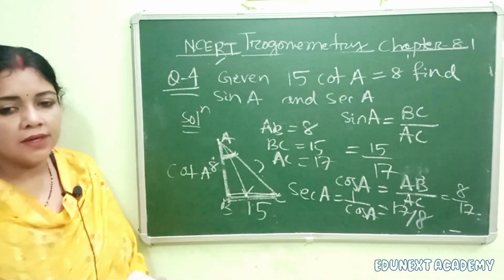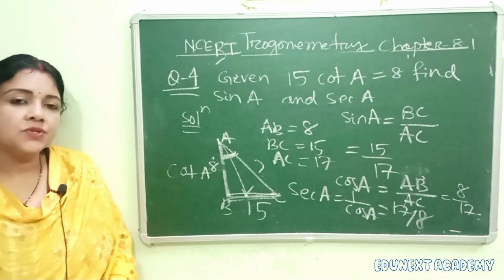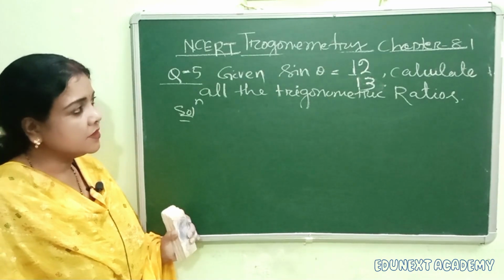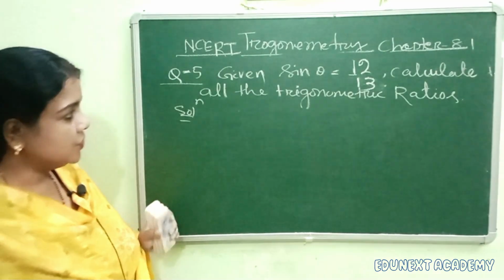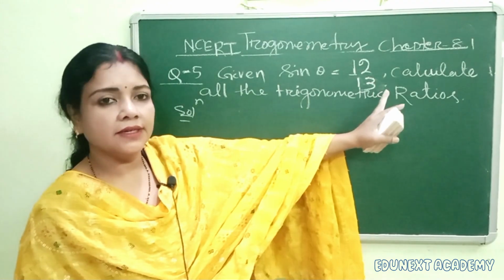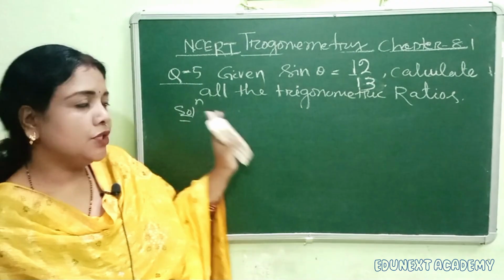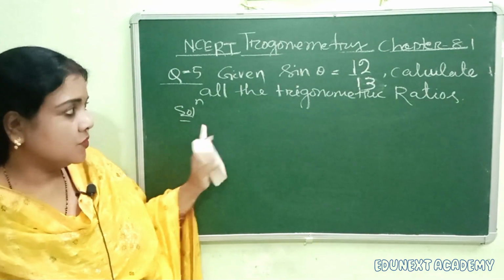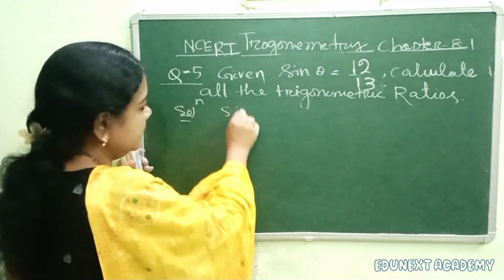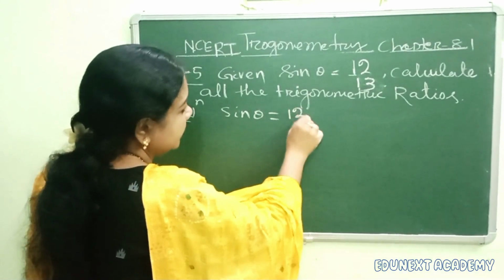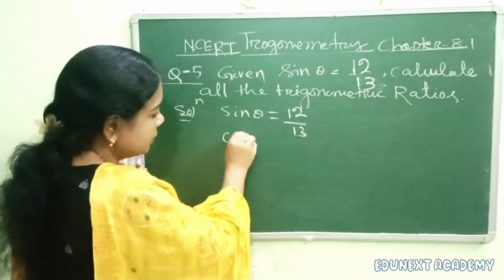Now let us discuss the last question, that is question number 5. The question is given that sin theta is equal to 12 by 13. Now you need to calculate all the other trigonometric ratios. So sin theta is equal to 12 by 13. What is cos theta?